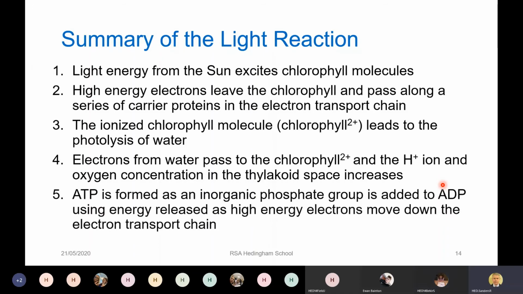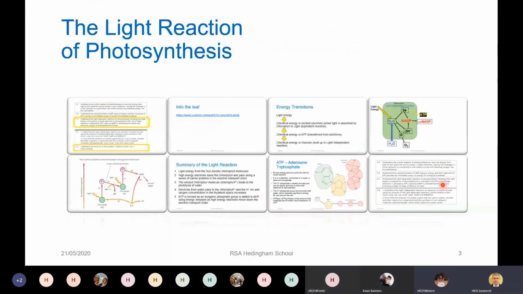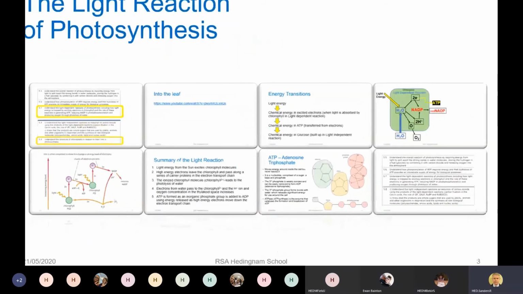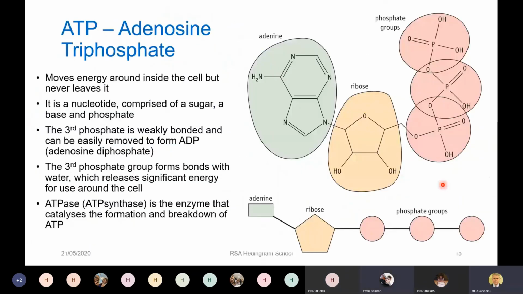ATP is formed as an inorganic phosphate group is added to ADP, using the energy from the high energy electrons from PS2. Right, this bit we covered last time, didn't we, about ATP? So I'm not going to go over that again.